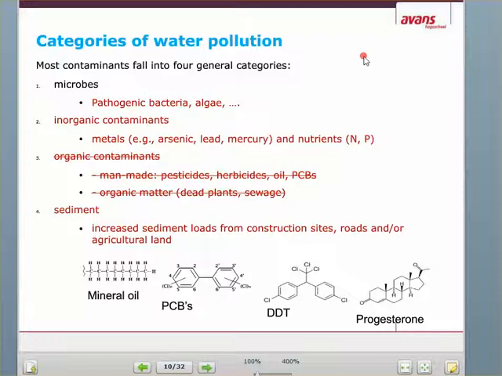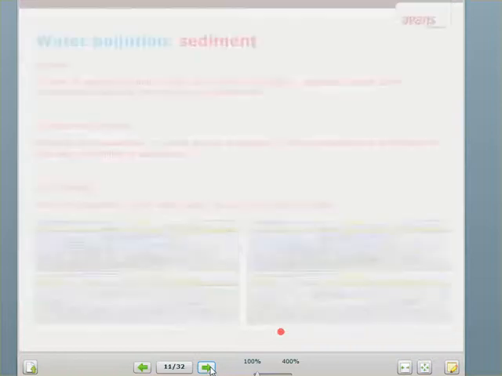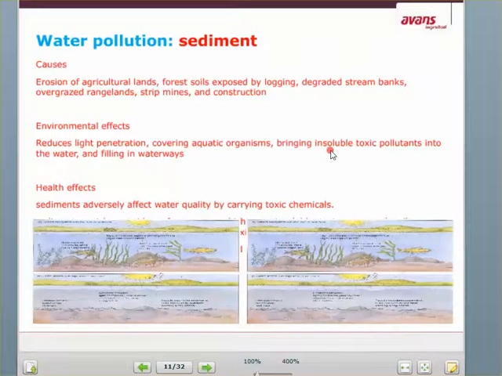Lastly is sediment. A lot of people don't think about that, but sediment is a source of water pollution. Dirt comes off the road or from open fields, and the water becomes then undrinkable. In the sediment, there are also causes of water pollution.